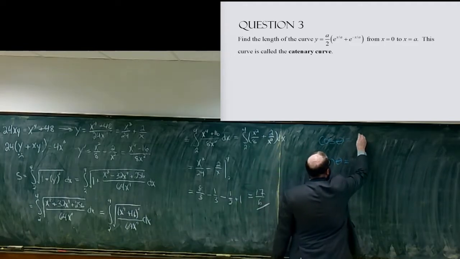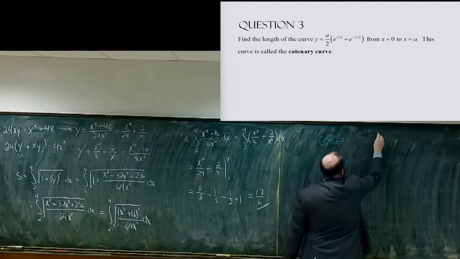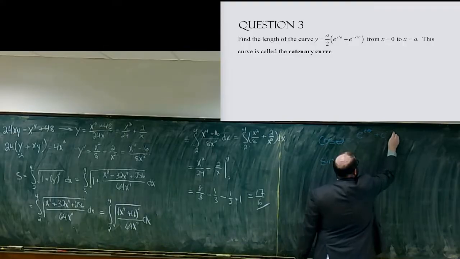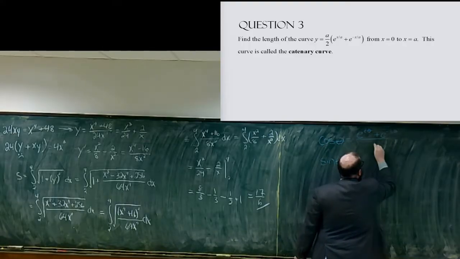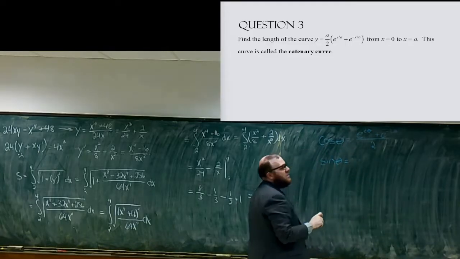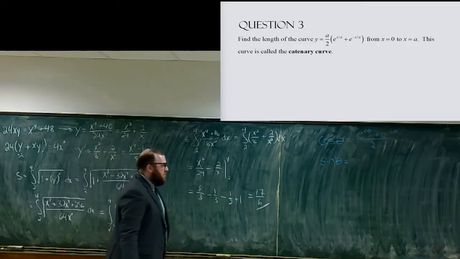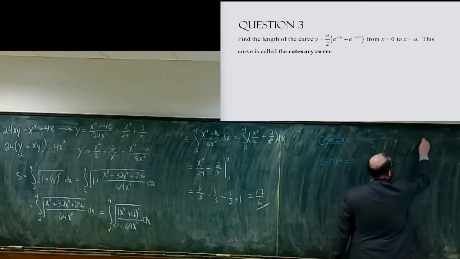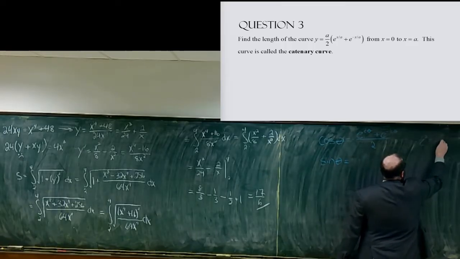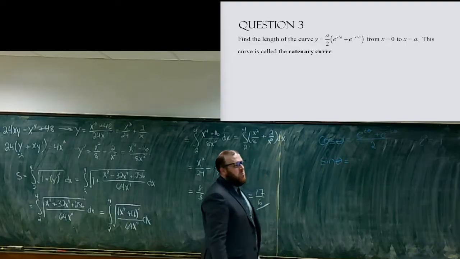Cosine of theta is e to the i theta plus e to the negative i theta all over 2, where i squared is defined as -1.